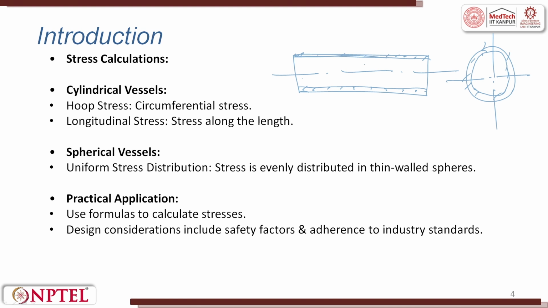In a cylinder you can have hoop stress, which is otherwise called circumferential stress, and then you can have longitudinal stress. It can be tensile, it can be compressive. Longitudinal stress is the stress acting along the length of a cylinder.